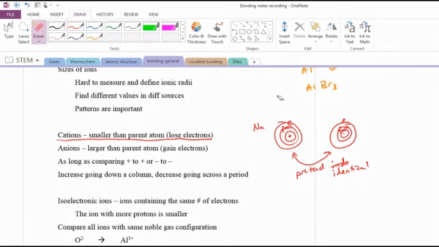In order to become the +1 ion, sodium has to lose that electron, which means that whole shell empties out. So clearly, the atom is larger, the ion is smaller.